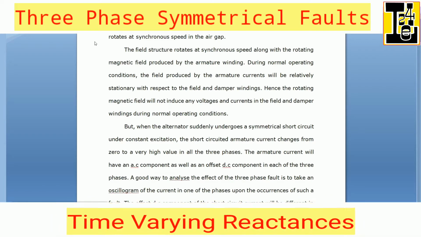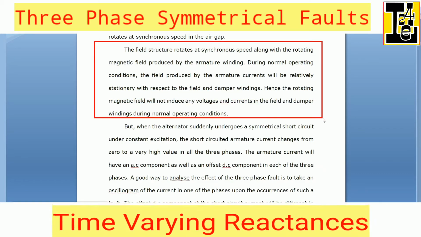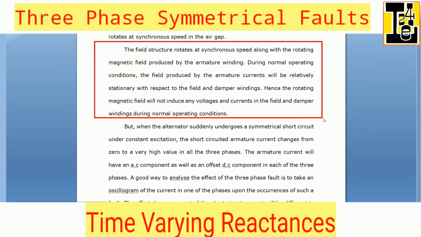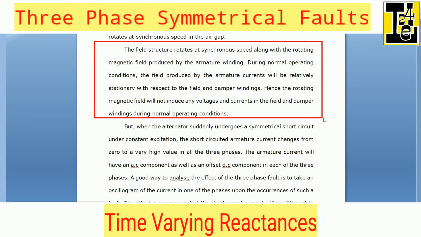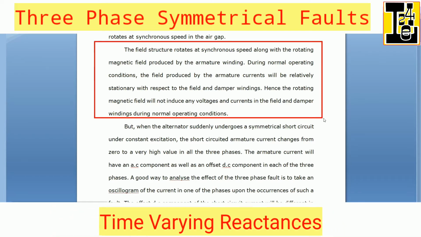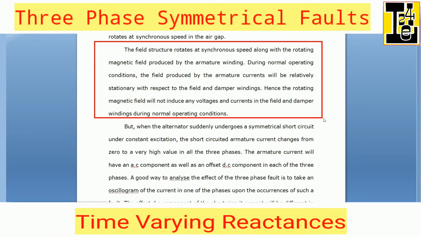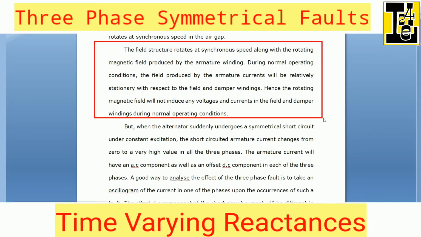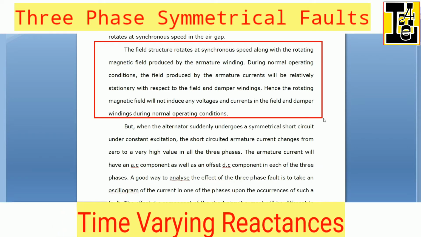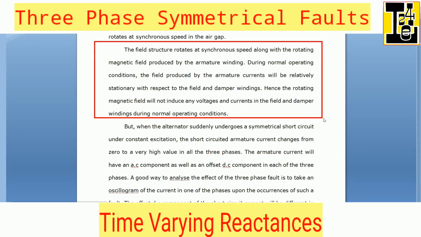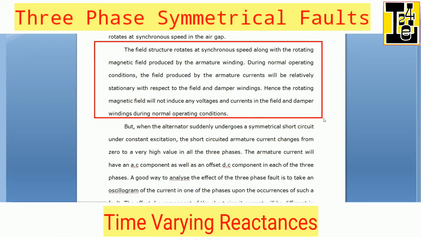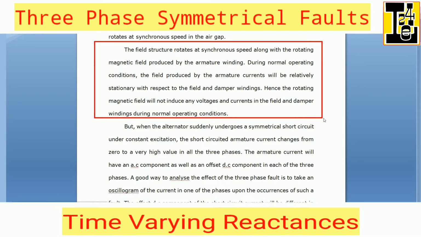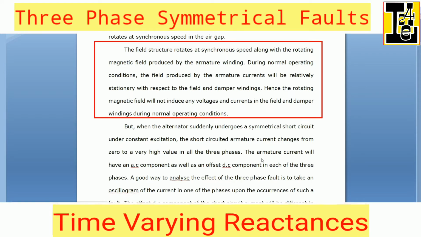The field rotates at synchronous speed along with the rotating magnetic field produced by the armature winding. During normal operating conditions, the field produced by the armature currents will be relatively stationary with respect to the field and damper windings. Hence, the rotating magnetic field will not induce any voltage and currents in the field and damper windings during normal operating conditions.